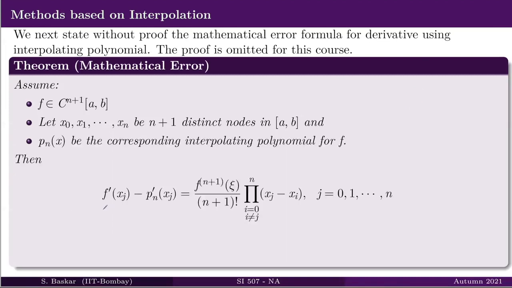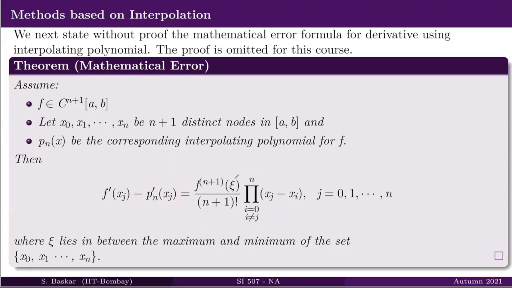Then the mathematical error involved in that formula, that is Pn dash of x at any of these node points in particular, can be written by this expression, where xi is an unknown lying in the interval [a, b], right? So let's not go into the proof of this theorem.